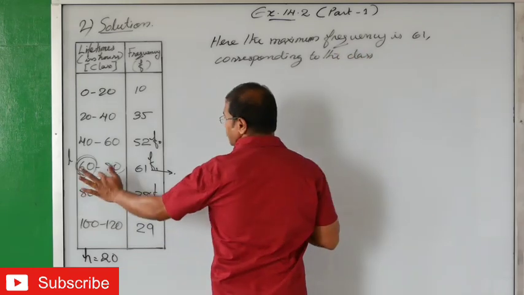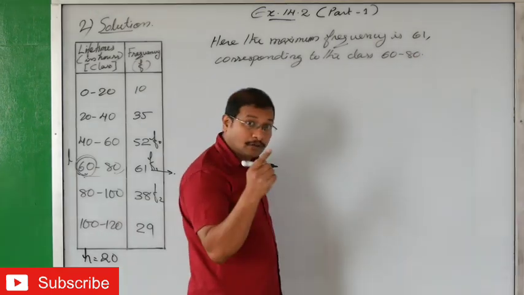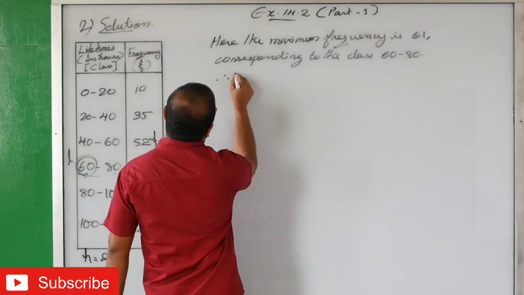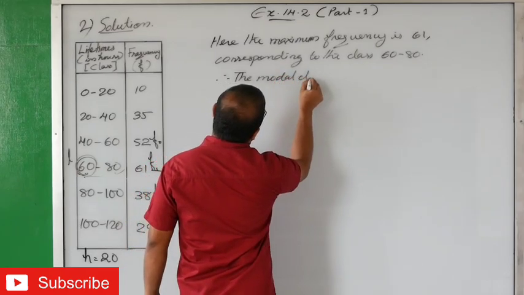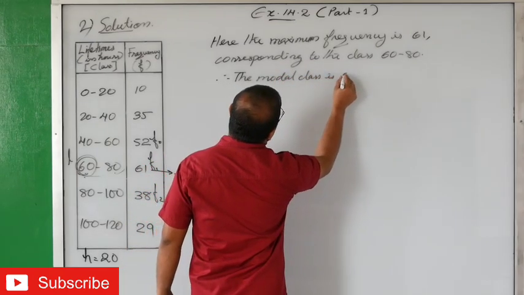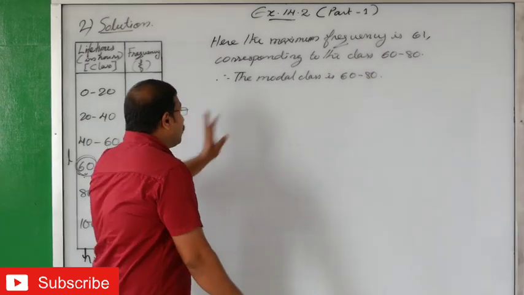What is the class? 60 to 80. Therefore the modal class is 60 to 80. Ready? So we got it, the modal class.